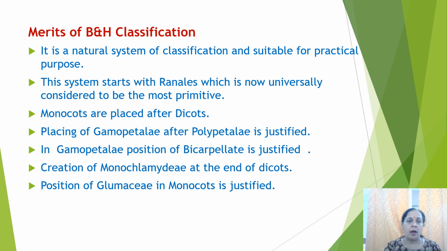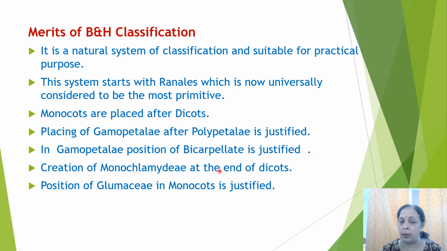The system starts with Ranales, which is now universally considered to be the most primitive. In this classification system, monocots are placed after dicots. It is justified. And placing of Gamopetalae after the Polypetalae is also justified according to phylogenetic principles. In Gamopetalae, the position of the Bicarpellatae is also justified.